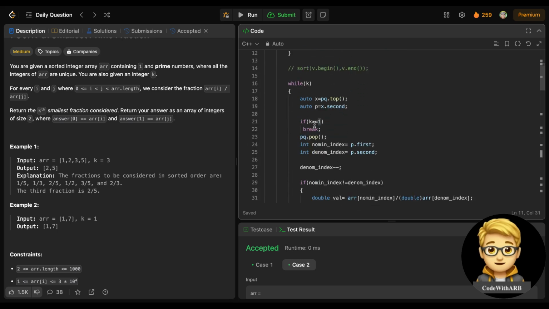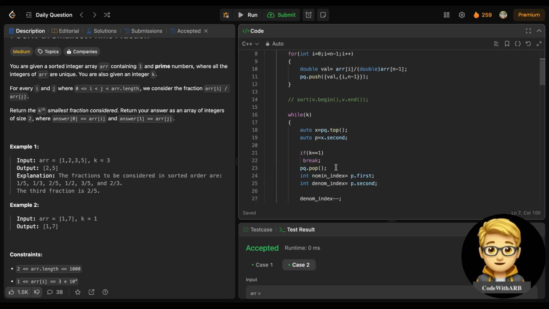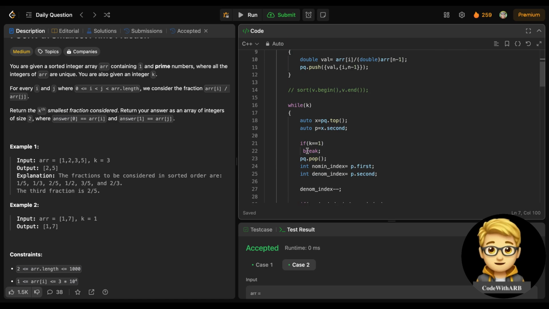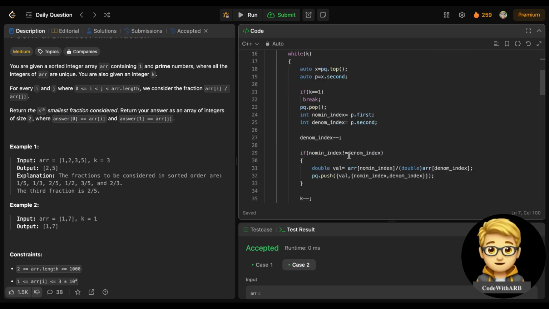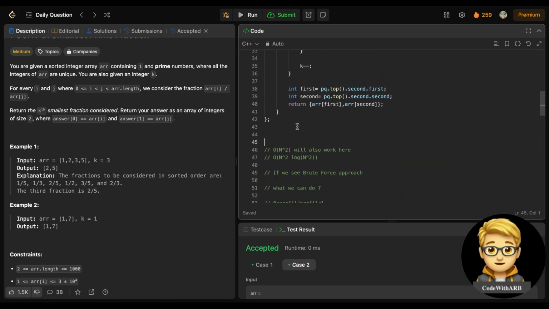Then we are popping out the top element, which will be the minimum element of this heap. So what will be returned? 1 by 5 will be returned, because of 1 by 5, 2 by 5, and 3 by 5. If we write here 1 by 5, 2 by 5, 3 by 5, what will be the minimum element? 1 by 5 will be the minimum element.